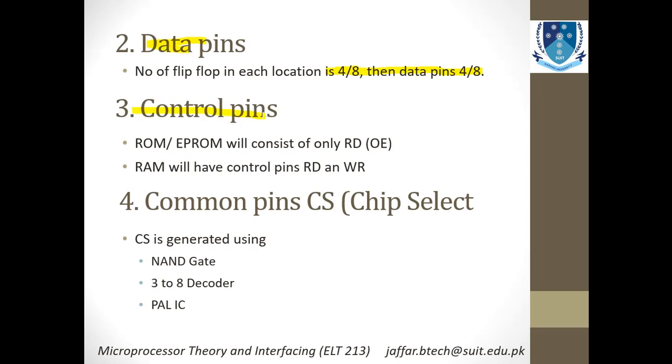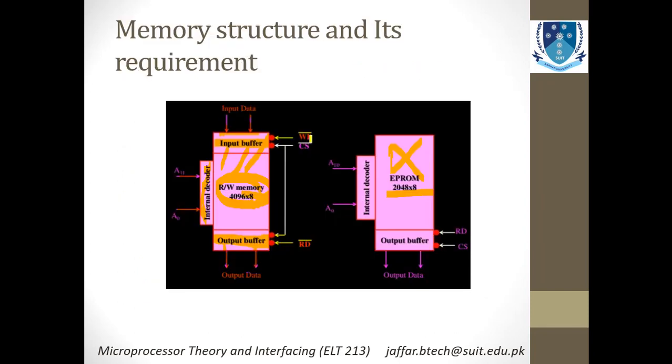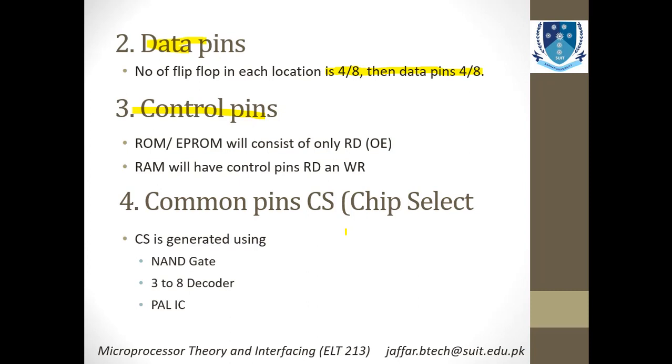Control pins are those pins which are there to control the memory. The read and write operations that we have discussed are the control. This WR and this RD are the control pins. The last thing is the common pins, or chip select.